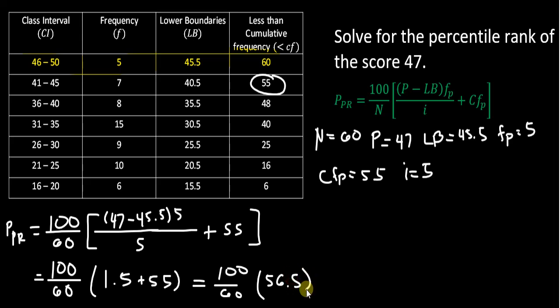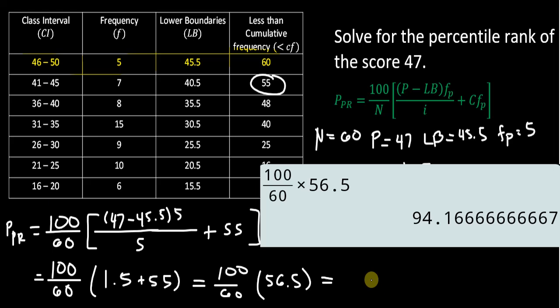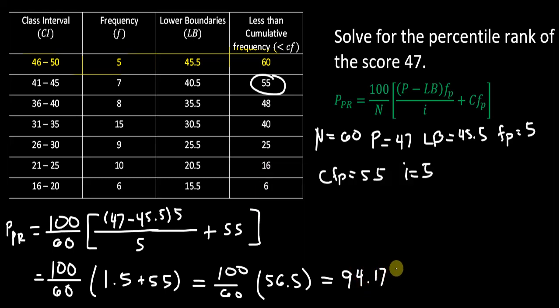Multiply nyo lang to. Pwede kayo ulit gumamit ng calculator. So, 100 over 60 times 56.5 is 94.17. So, pwede nyo lagyan ng percent. 94.17%. Yan yung percentile rank ng 47.